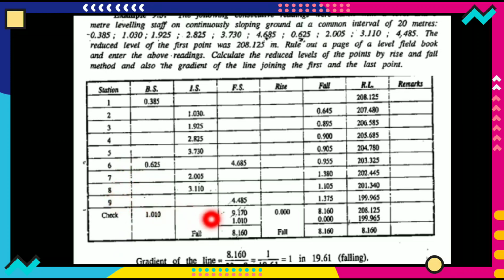So 8.160 divided by 160. So 8.160 is divided in numerator and denominator. So in numerator it is equal to 1, and in denominator it is equal to 19.61. So that means gradient is 1 in 19.61. That means a 1 meter vertical difference will be shown at every 19.61 meter reading.